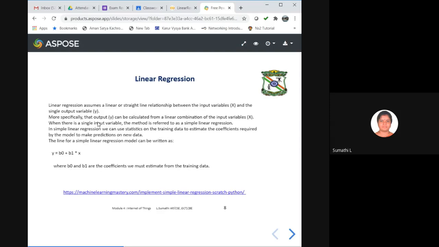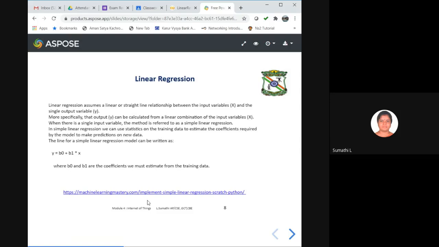I know what the equation for the straight line is. So what I want to find, my algorithm or my model, with my training data, I should be able to find the suitable coefficients for this b0 and b1, because I know this is the slope and this is the y-intercept that decides my straight line, right?